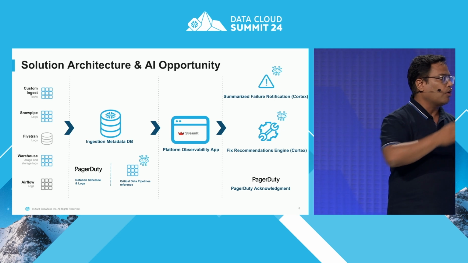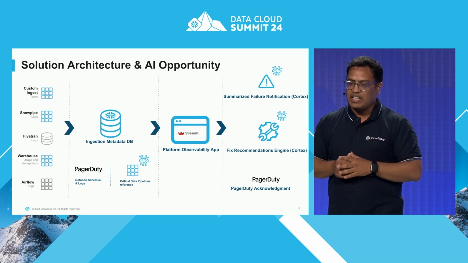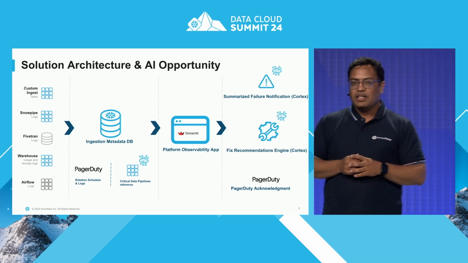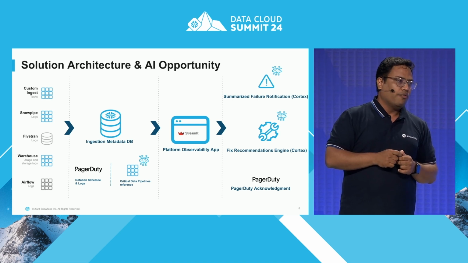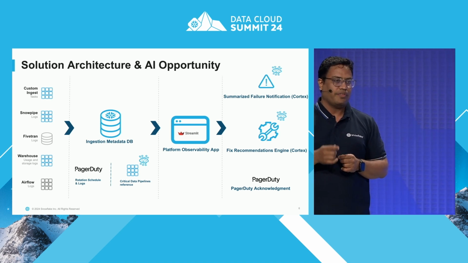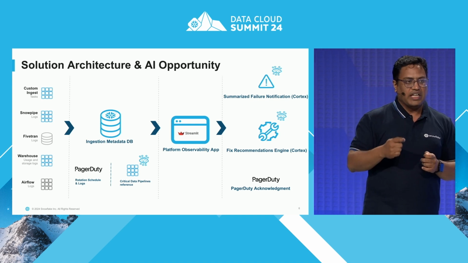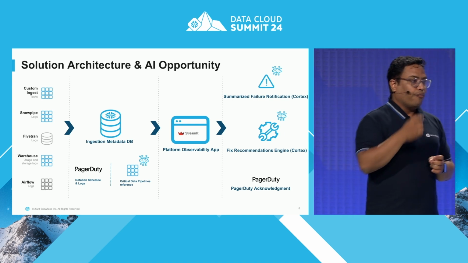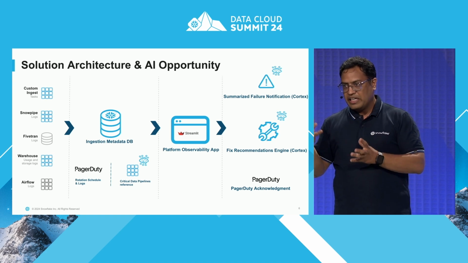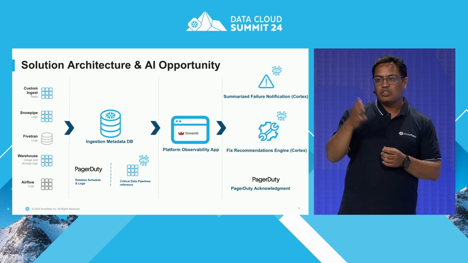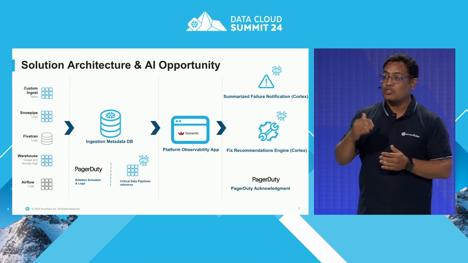Now, let me double click on that particular place, which is critical data pipeline references. This is an ML model built inside Snowflake, which was working on the features of who is using the data, that is persona, what is the usage of that particular data pipeline or the data that we are ingesting, and based on those features the criticality was defined, so it was not manual.